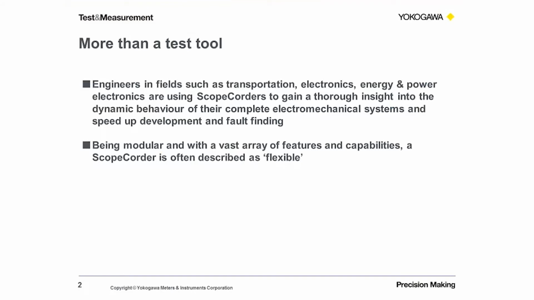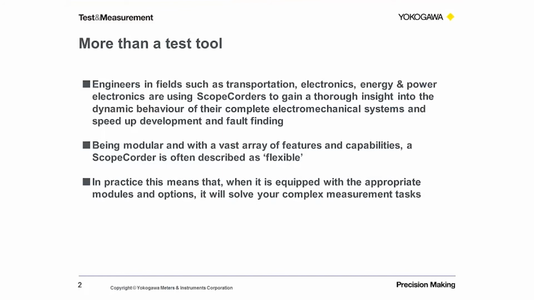ScopeCorders. So we are describing it as more than a test tool. When we created this name back in 1997, it was a lot less capable than it is today. It can be seen in some terms as a conceptual product because it is modular and it has a wide variety of configurations and capabilities.